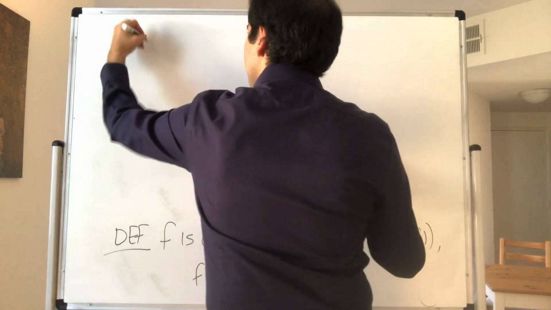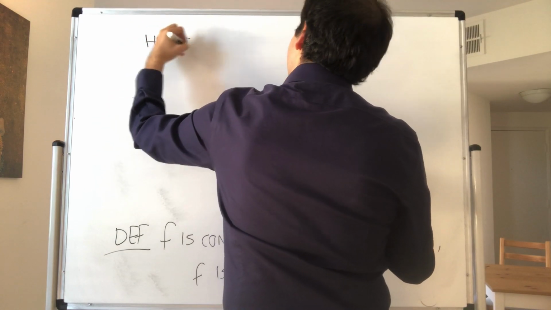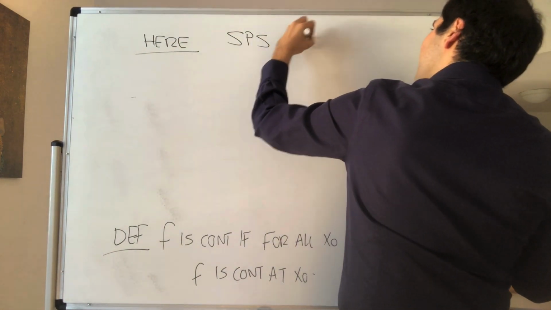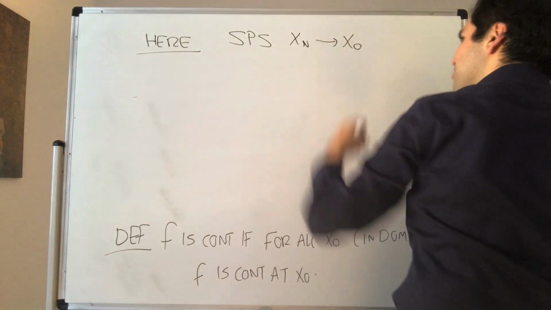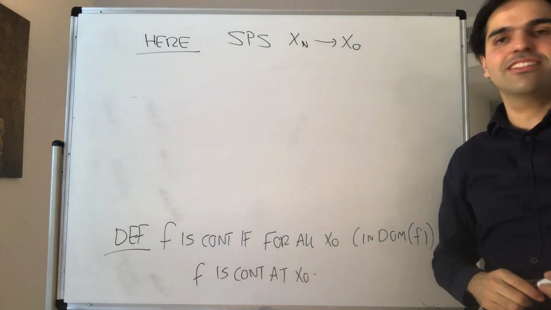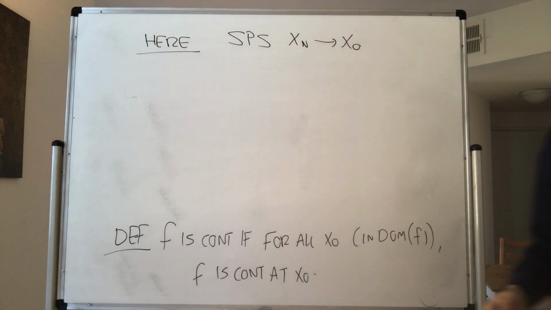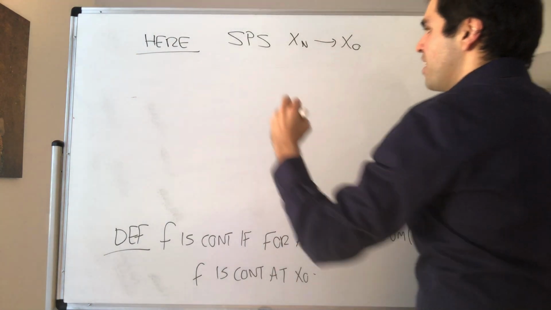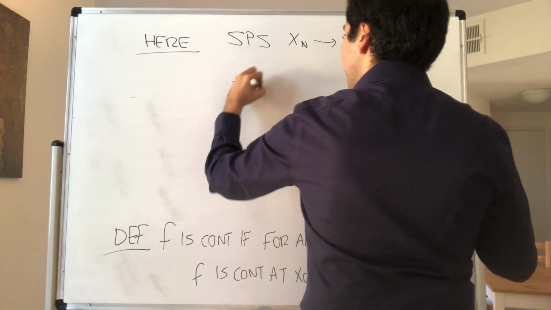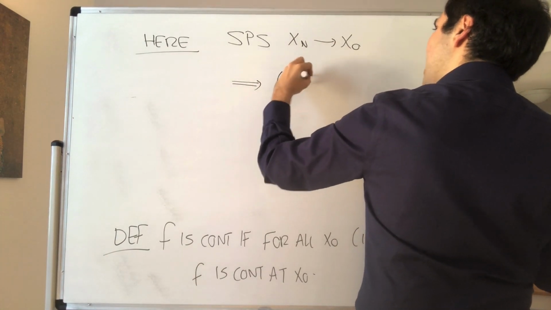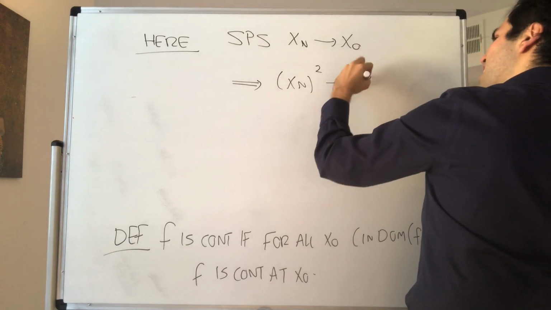So here, again, let x naught be given, and suppose xn converges to x naught. And the idea is we want to build up to f of xn goes to f of x naught. And the nice thing is we have actually done all the work before, because in a previous video, I believe, we've shown that if xn goes to x naught, then xn squared goes to x naught squared.